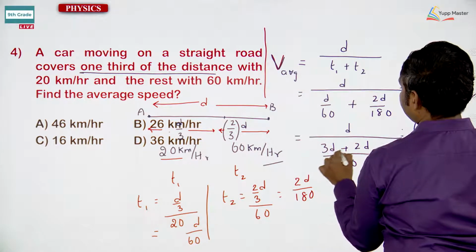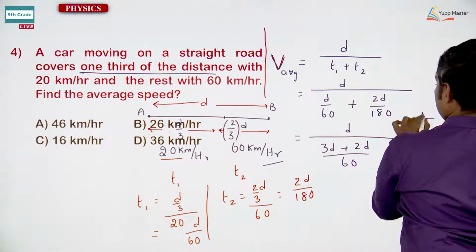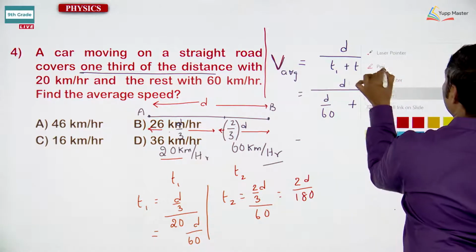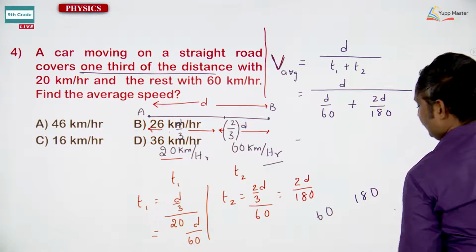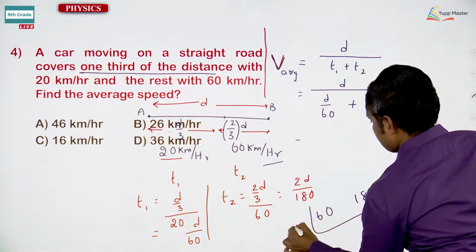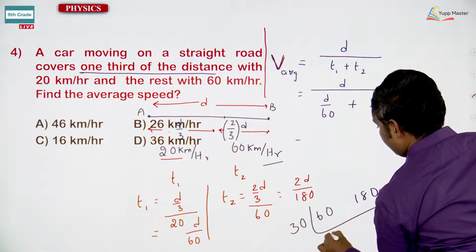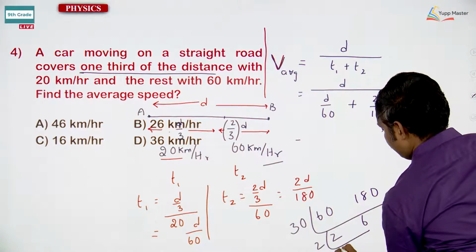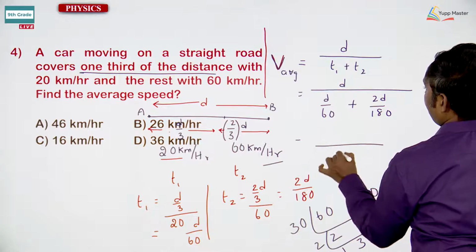Check that LCM. You are going to take that 60 and 180, and you will get that LCM. Dividing by 30, 2, 6, you get 2, 1, 3, so the LCM is 180.